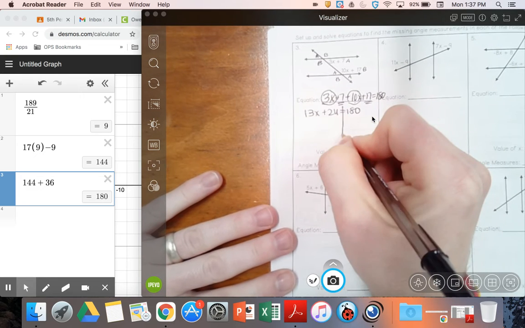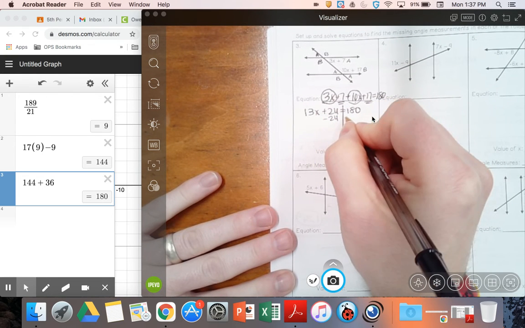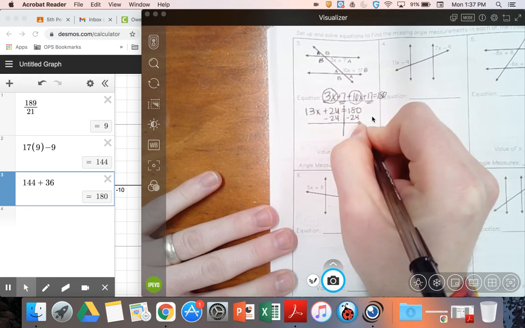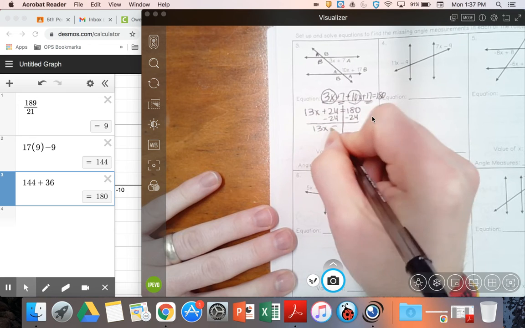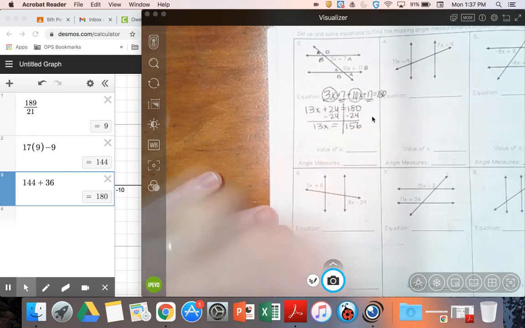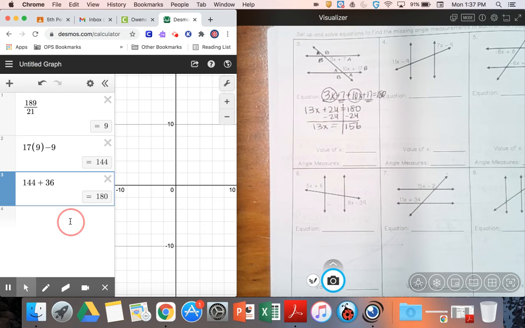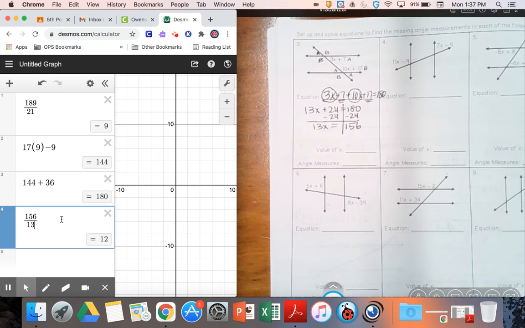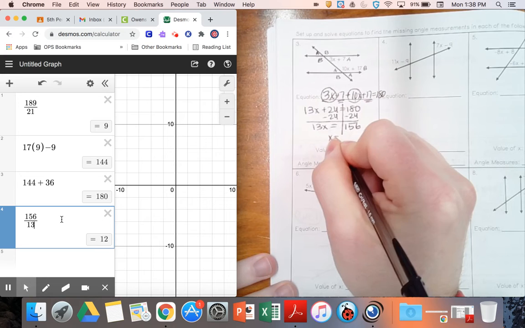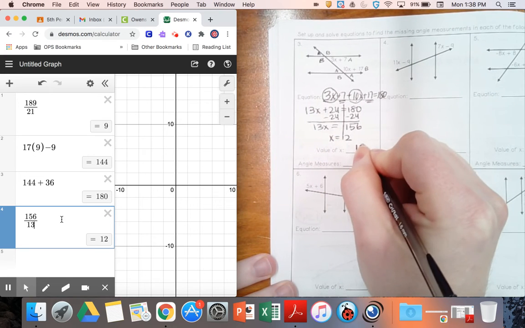Now I can solve this. Subtract 24 on both sides. I get 13x equals 156. When I divide 156 by 13, I get 12. So my value of x is 12.